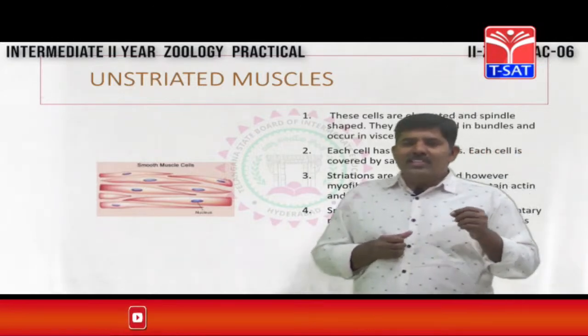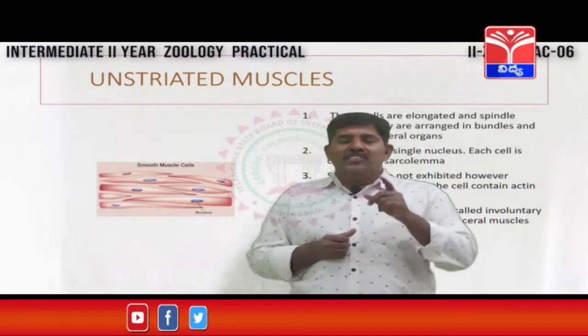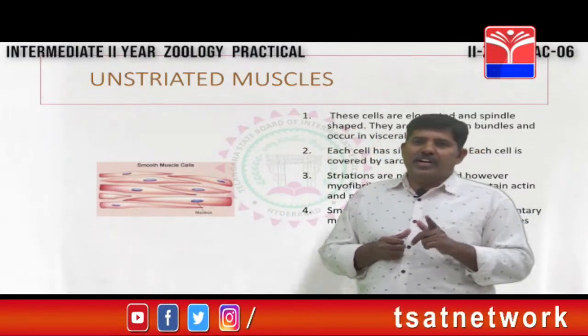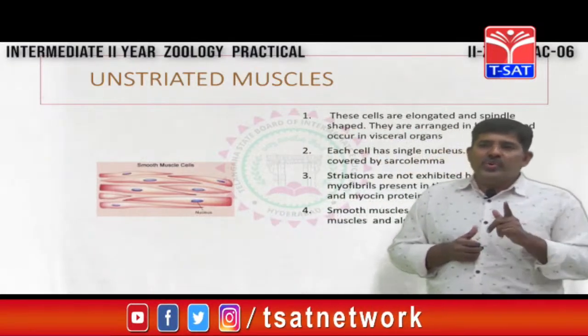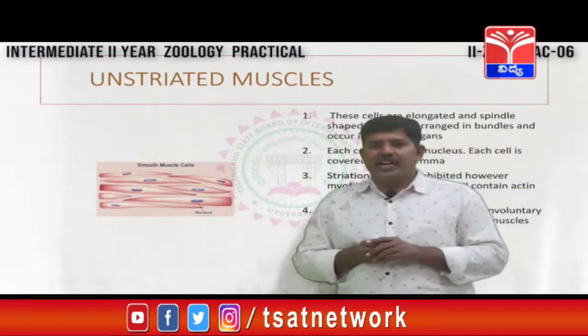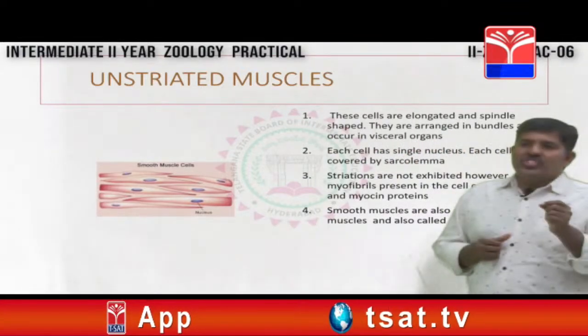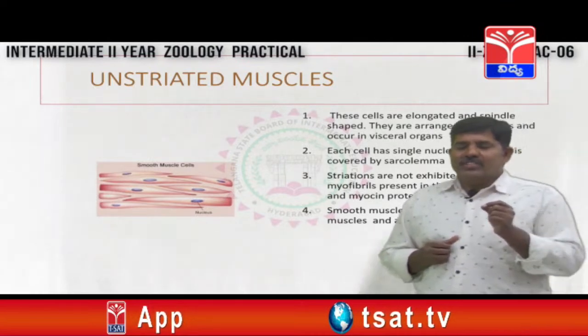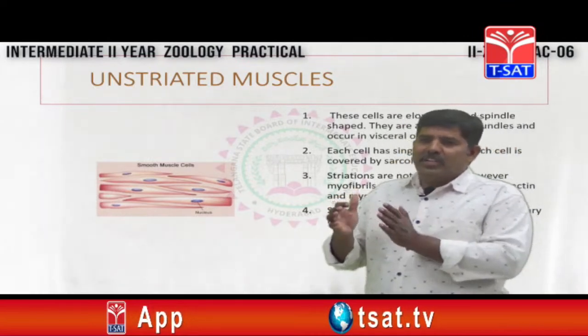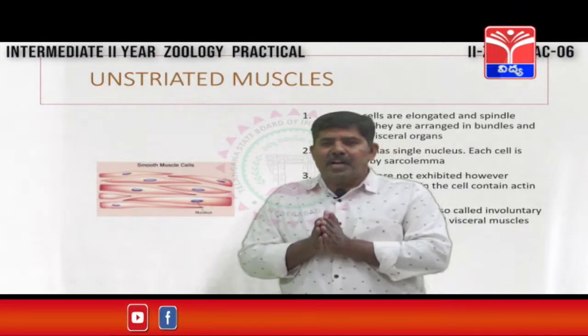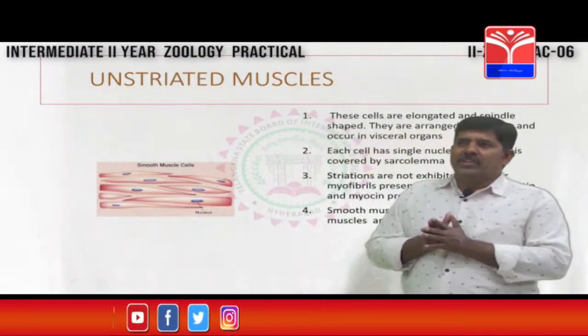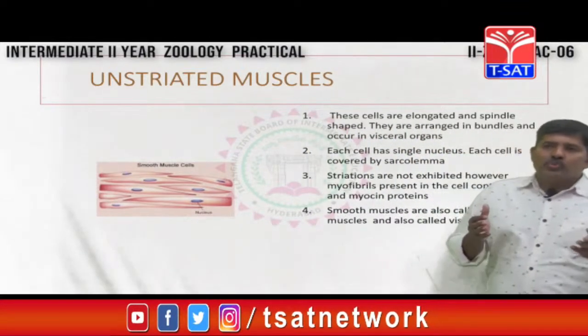So this type of muscle contains a single nucleus; that's why it is called uninucleated. In this muscle there are no stripes, no dark and light bands, that's why it is called unstriated muscle, also called smooth muscle. Why?